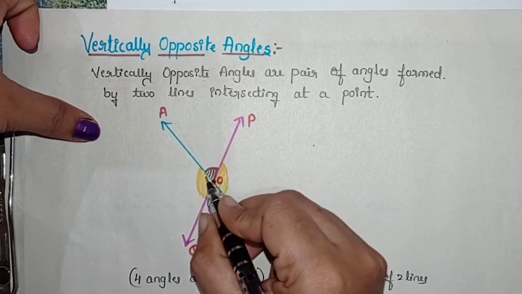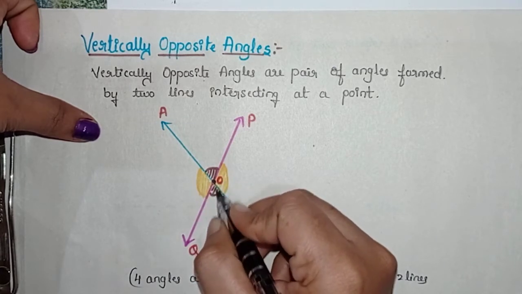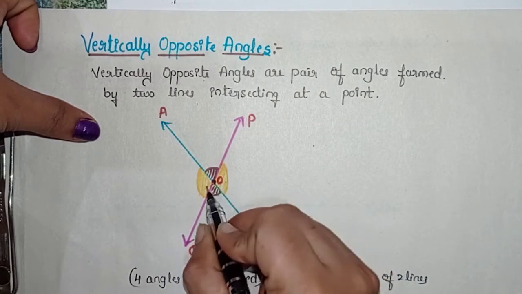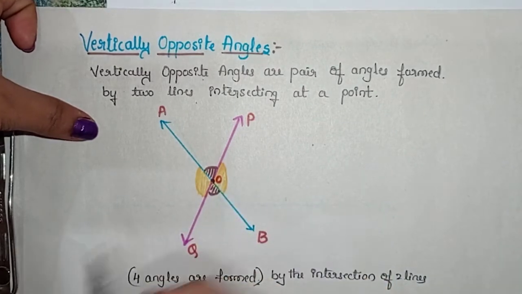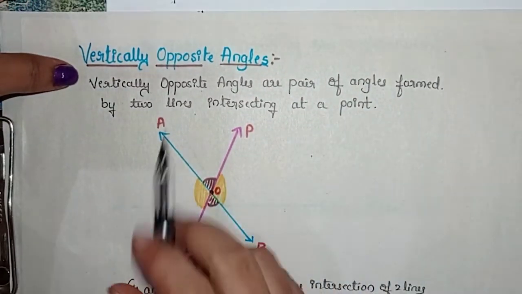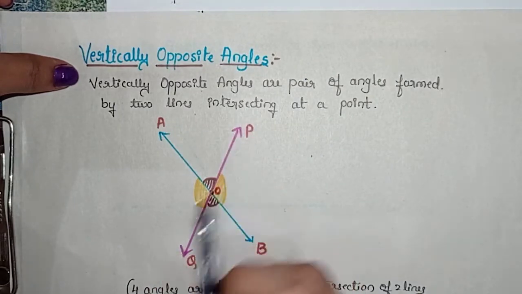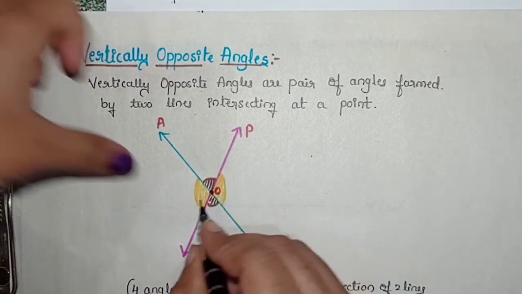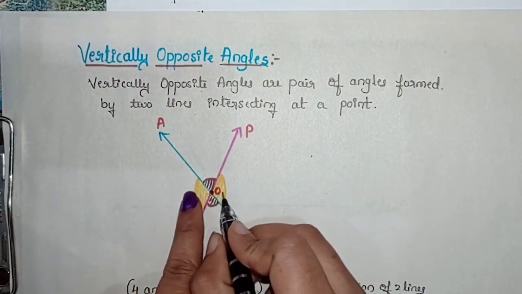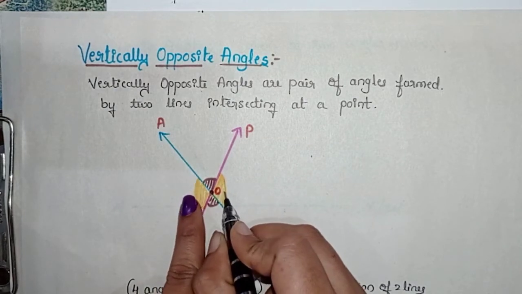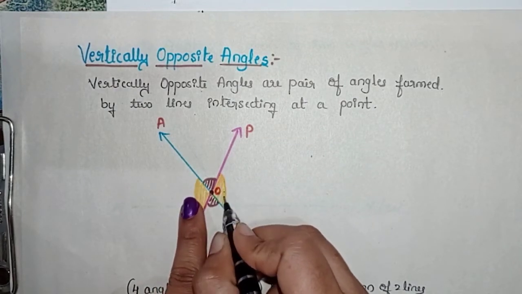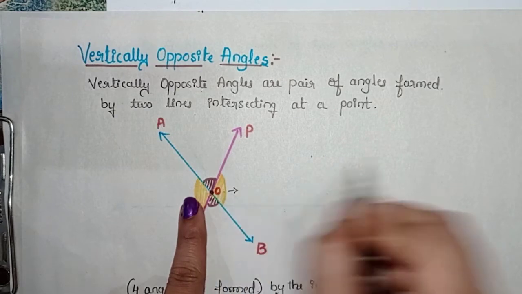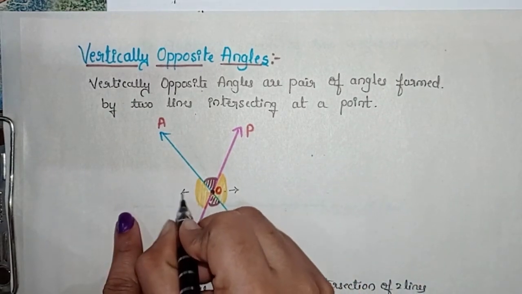You can see there are two angles with brown markings and two angles with yellow color markings. Exactly vertically opposite angles means, you can see there are four angles, but two angles are yellow color. One is facing towards east and one is facing towards west.